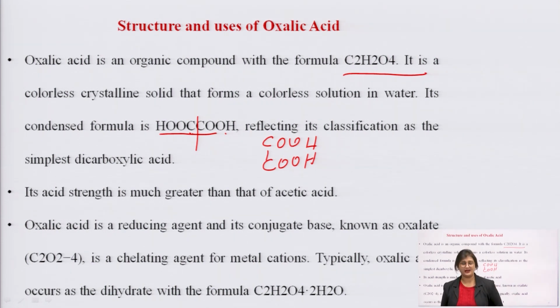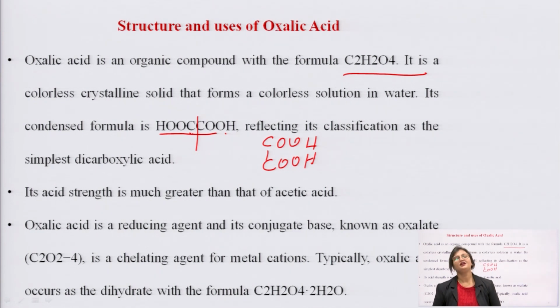Its acid strength is much greater than that of acetic acid. Being a diprotic acid, or dicarboxylic acid, the acidic strength of oxalic acid is much greater than that of acetic acid. Oxalic acid is a reducing agent.